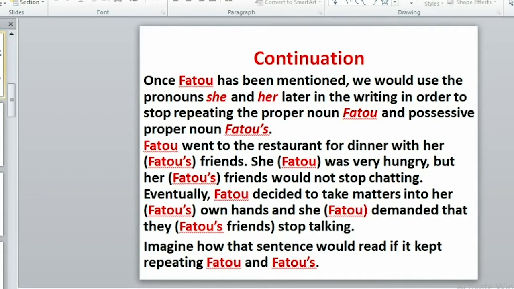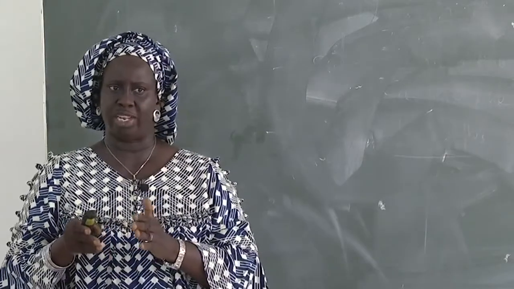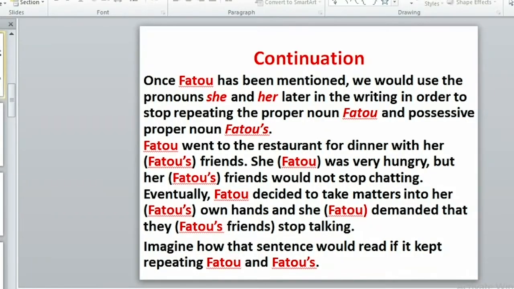Imagine if we had written this paragraph repeating Fatu or Fatu's all along. It would have instead been read like this. Fatu went to the restaurant for dinner with Fatu's friends. Fatu was very hungry, but Fatu's friends would not stop talking.